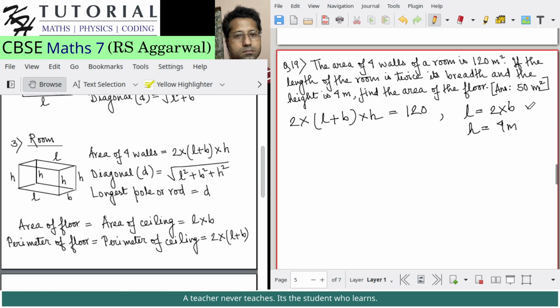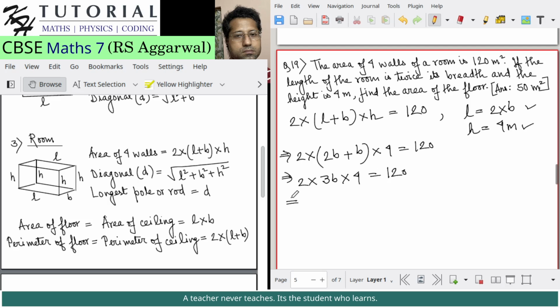So using these two pieces of information in the formula of the area of the 4 walls, we can say that 2 into (length, which is twice b, plus b) into height 4 is equal to 120. So this implies 2 multiplied by 3b multiplied by 4 is equal to 120.